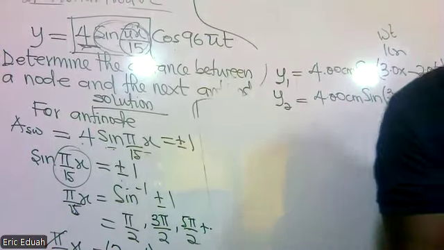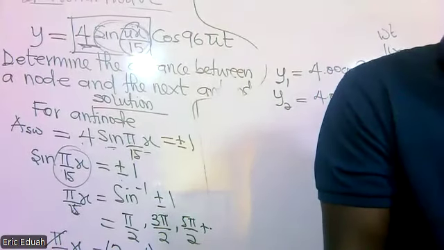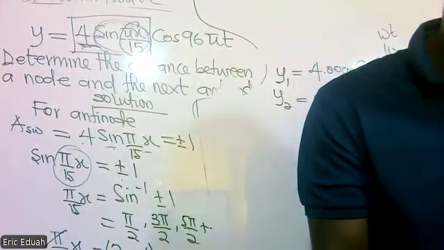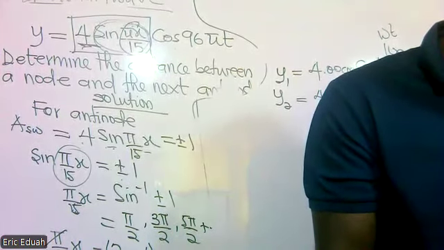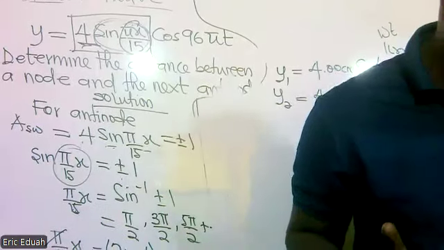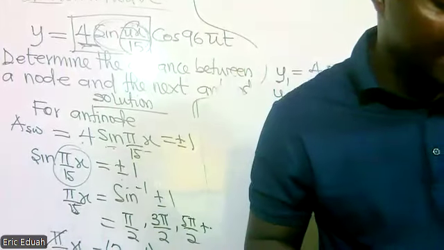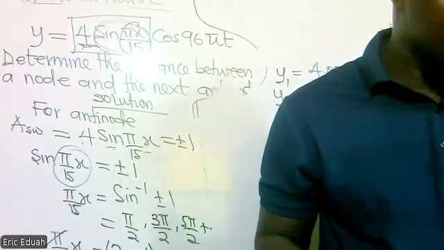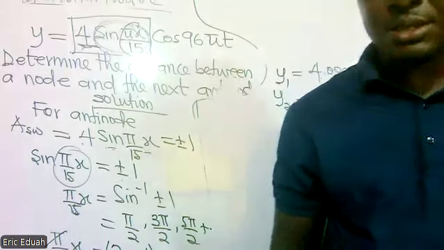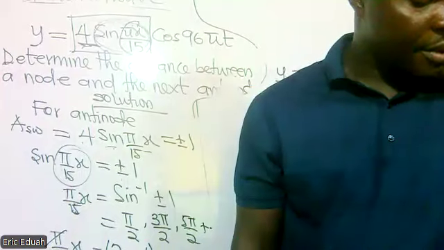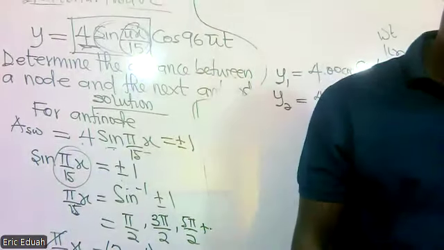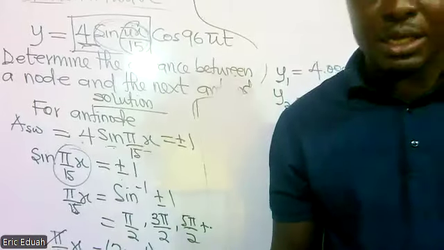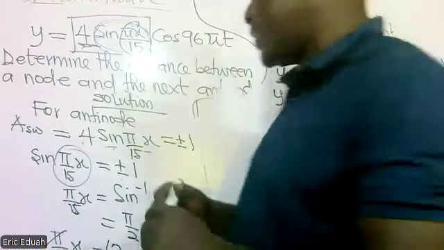The first question, find the amplitude of the simple harmonic motion of the particle of the medium located at x is equal to 2.3 centimeter.